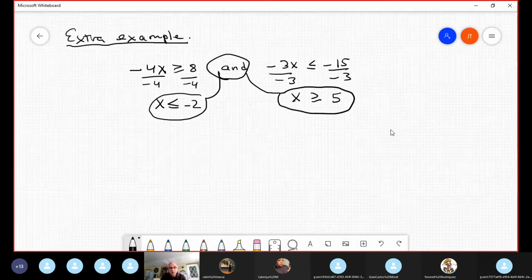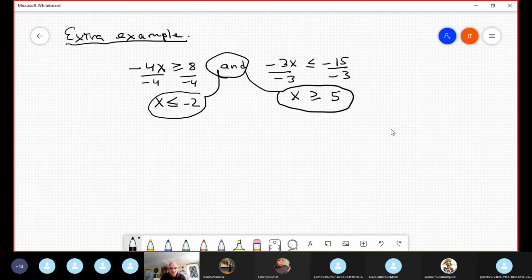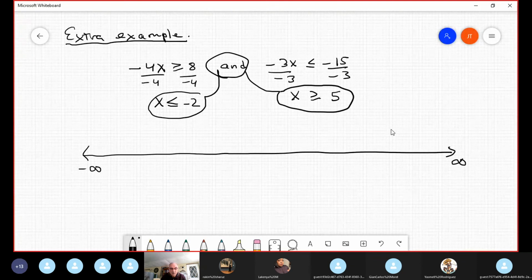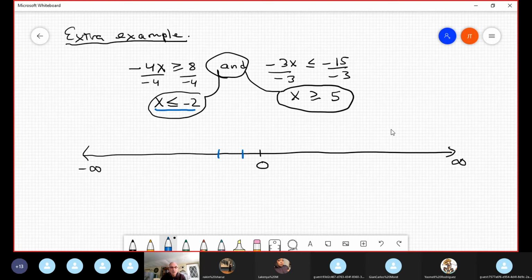I bring this example because you expect something very weird to happen in this example. Infinity, negative infinity, 0 in the middle. The first is this, negative 2, to the left. Include a bracket here to the left. I want to highlight directly.